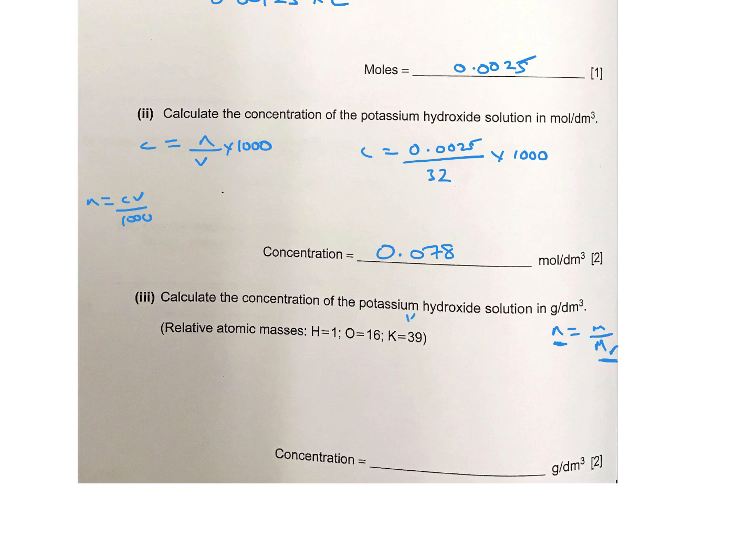So it is KOH, and that equals 56. We want to work out the mass, so it's going to be the moles times RFM, which is 0.078 times 56. That gives us a value of 4.38 grams per cubic decimetre.